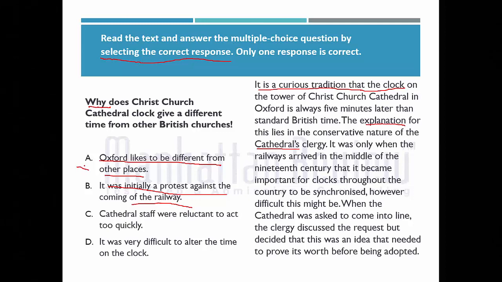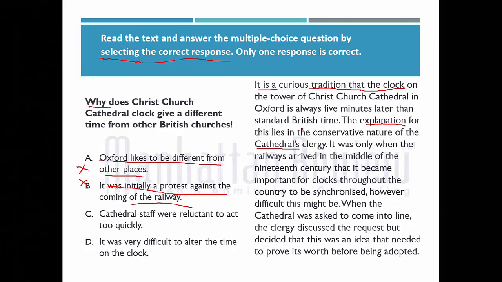Come to C. Cathedral staff were reluctant to act too quickly. Reluctant? Yes. We have an answer for this, because as I told you, synonyms will be used. That is, the expression will be different but the meaning will definitely be the same. We have a phrase in the passage: explanation for this lies in the conservative nature.